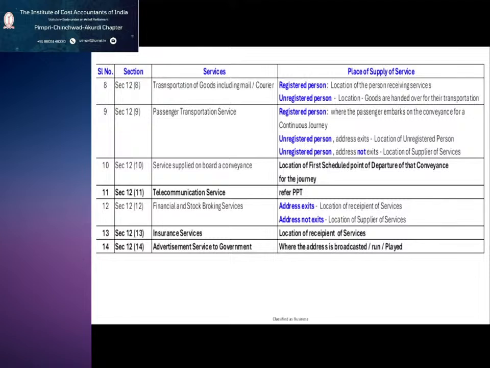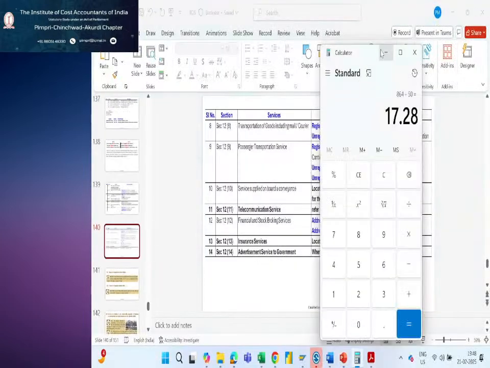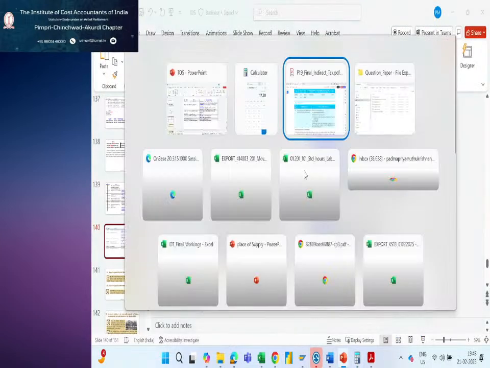In case of an unregistered person, the place of supply will be the location where the goods are handed over for their transportation. So 8 is transportation of goods, either including mail or courier also. There we are seeing two cases, registered person and unregistered person. So we will see with simple examples here.